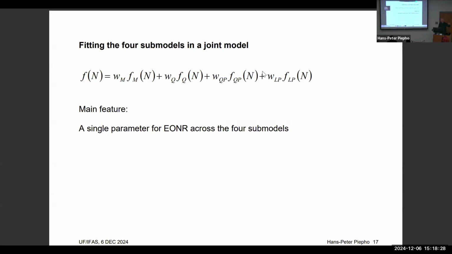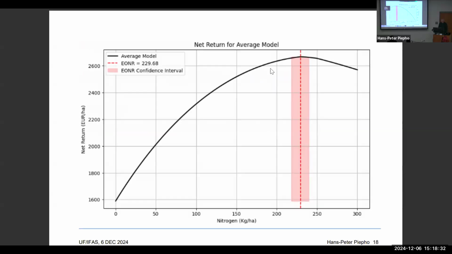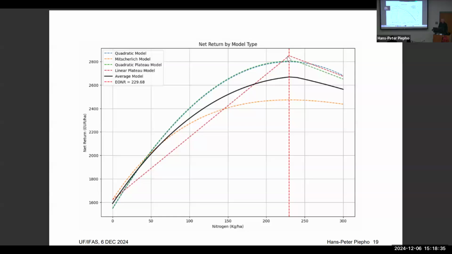There's a single parameter for economic optimum rate now. So each of the component models now also has its optimum at the same point. So that's depicted here. That's really the special feature of this type of approach.